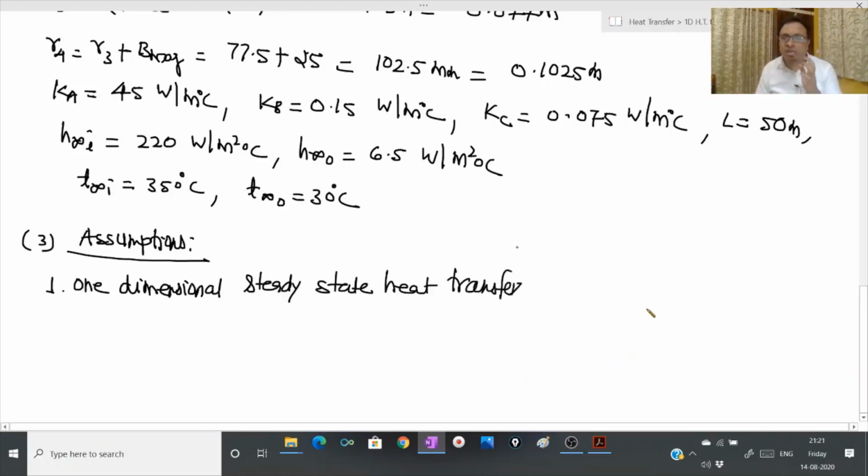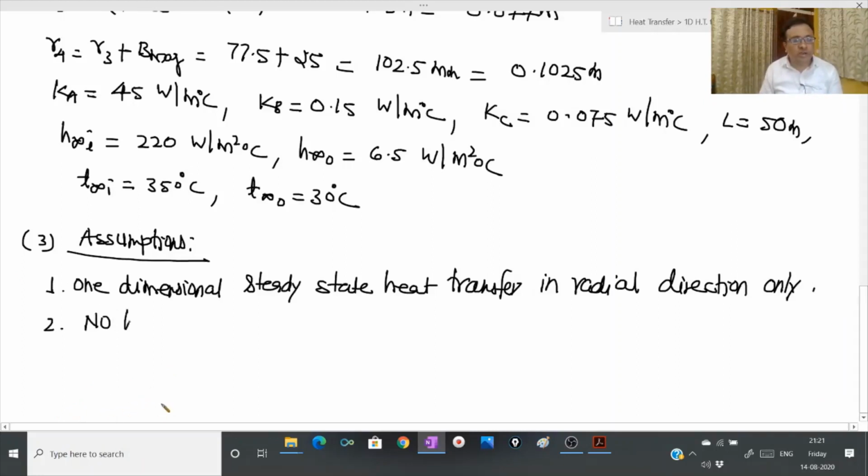And what is that heat transfer direction? In radial direction. We are considering heat transfer only in radial direction in the cylinder. There could be tangential or azimuthal direction, but we are considering heat transfer only in radial direction.